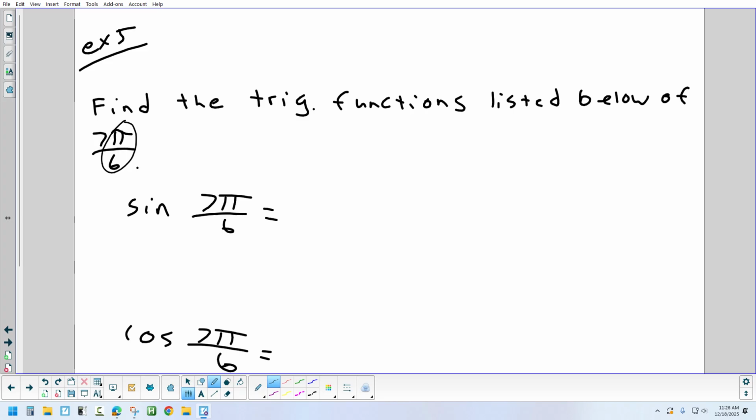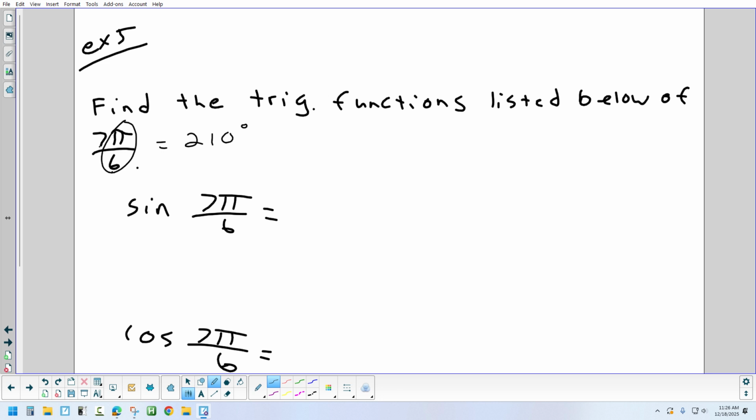So this is 30 times 7. How much is that? Yeah. 30 times 7 is 210. So let's make a sketch and see if we can figure out the coordinate for 210.